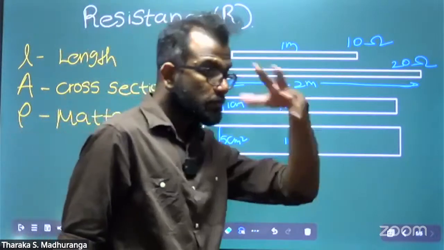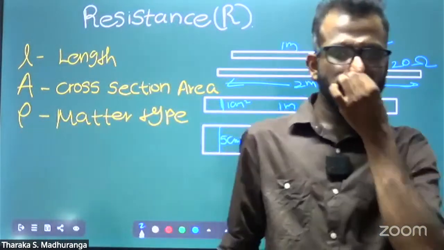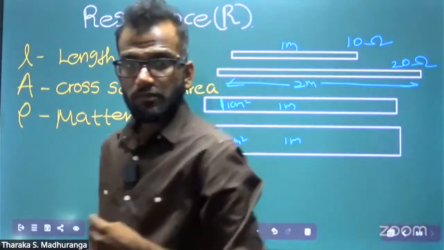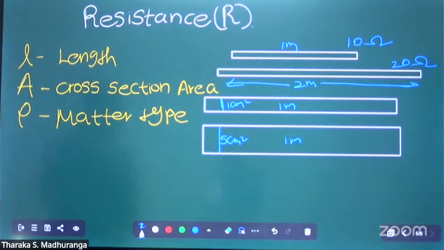When we increase the cross-section area, what happened to the resistance? Increasing or decreasing? Think with reasons. How is the resistance forming?